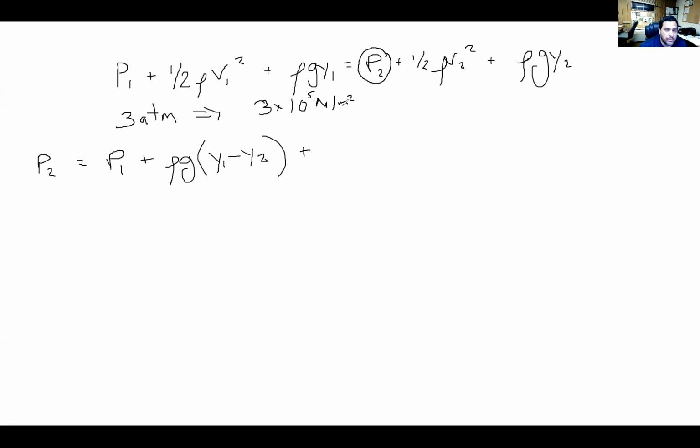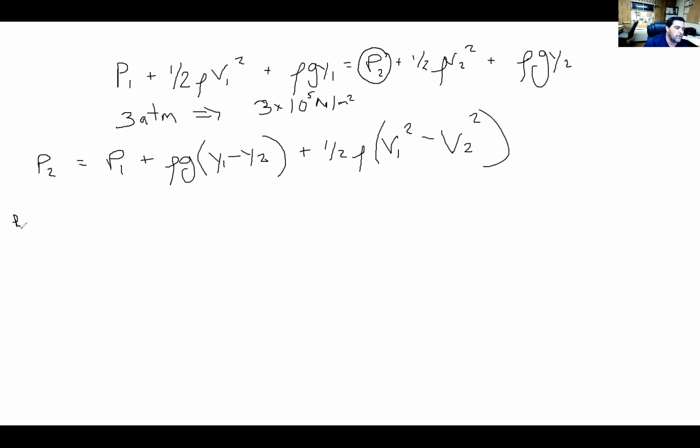I am just rearranging and moving things around to solve for the pressure. You do not need to solve it this way. If you want to solve it by plugging the numbers right into the straight up Bernoulli's equation, you should get exactly the same answer.